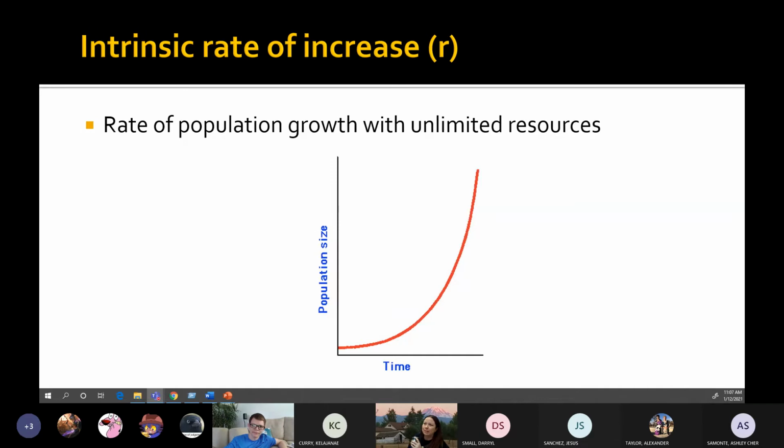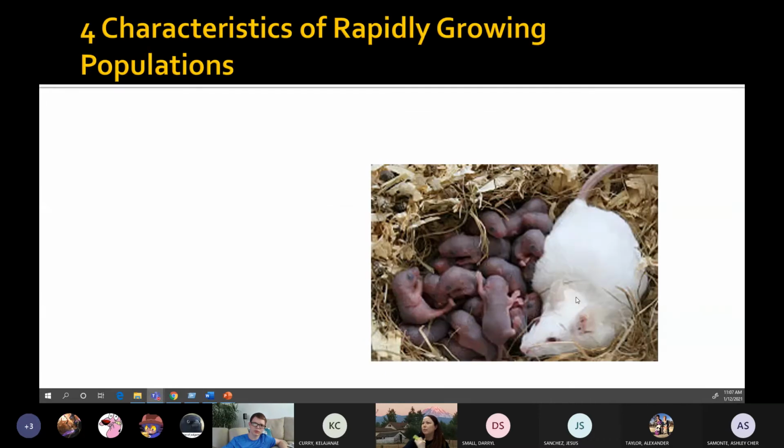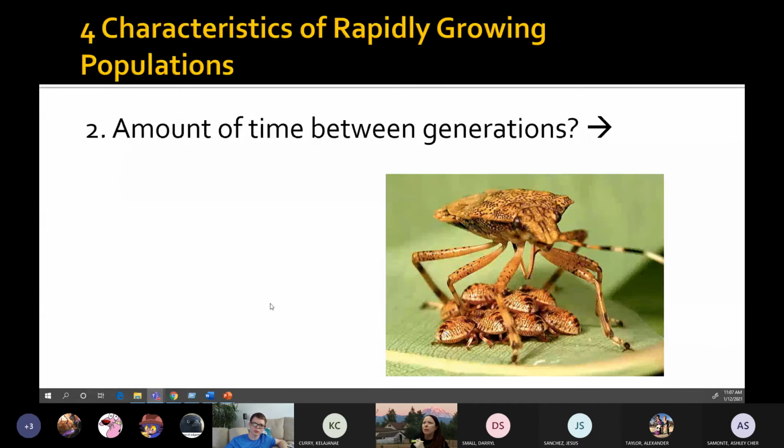Intrinsic rate of increase is what goes in your packet. So no limiting factors, unlimited resources, all the amount of food you want, all the amount of shelter, water, all of it. All the baby mamas ready to go.